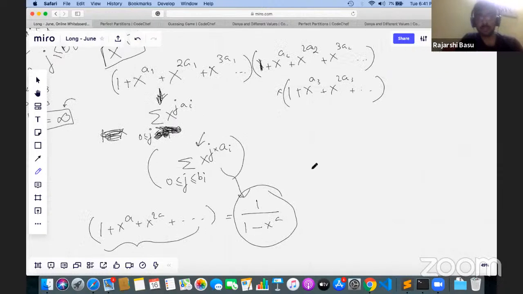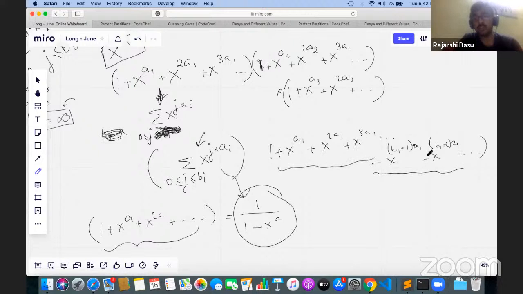So what we do is, we have this 1 plus x^a1 plus x^2a1 plus x^3a1, let's say up to infinity, but we subtract x to the power (b1 plus 1) a1, minus x to the power (b1 plus 2) a1, and so on. Okay, so it kind of involves two infinite sequences, but it is equivalent to this.